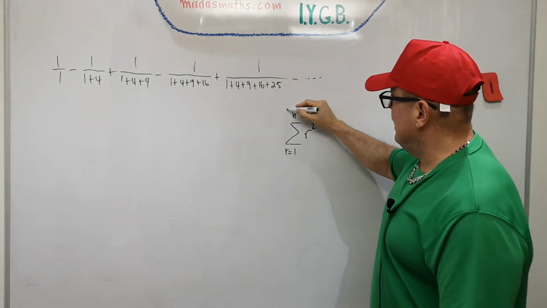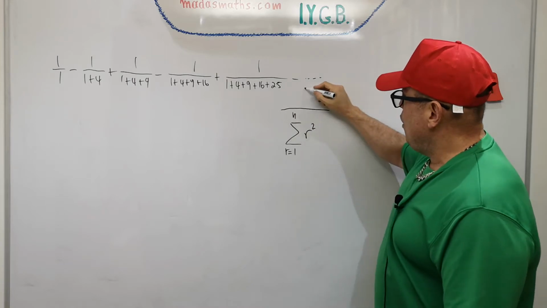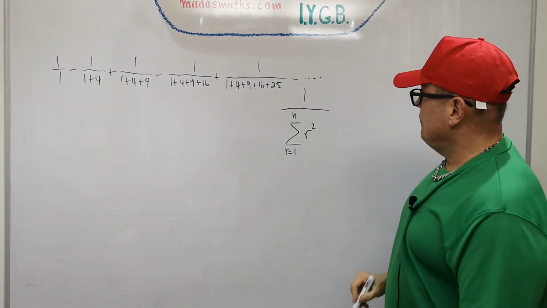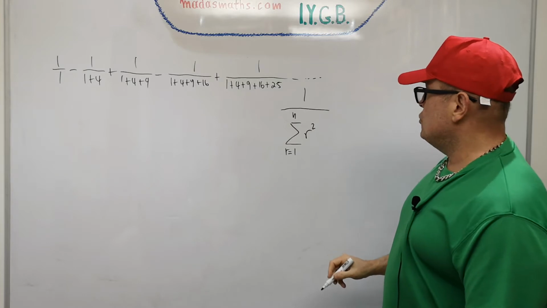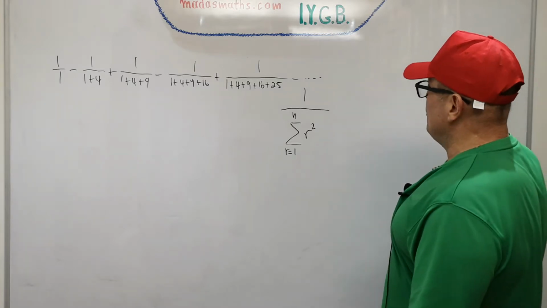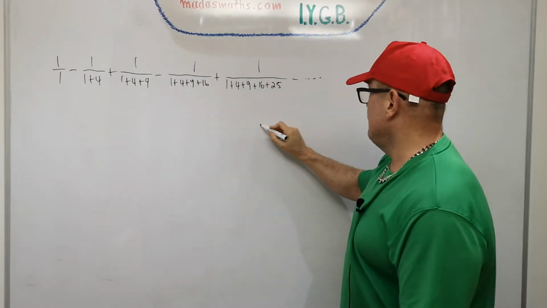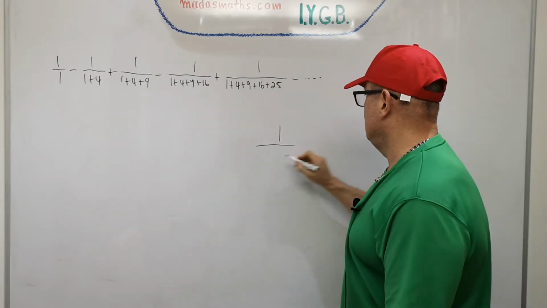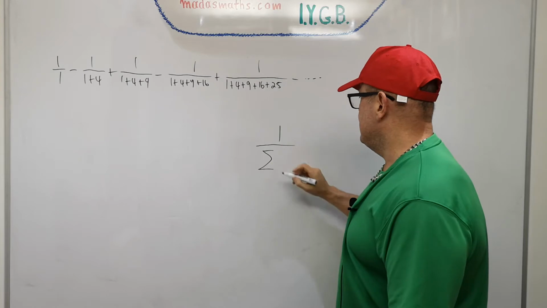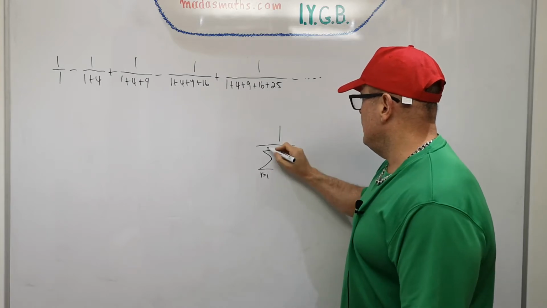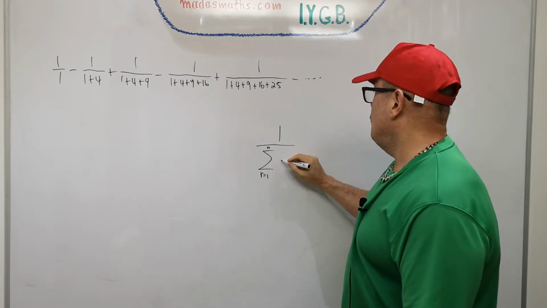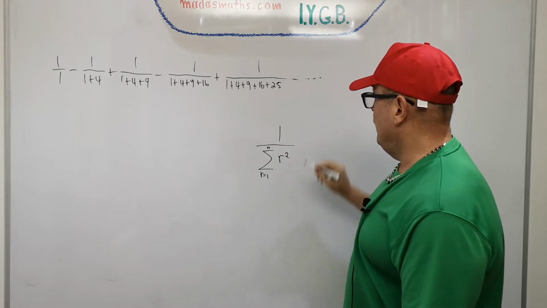So I need to write it as 1 over that. Very poor choice of where I've done this on the board. Let me rewrite it again, a little bit lower perhaps. So I'm going to write it as 1 over the sigma from r equals 1 to n of r squared.